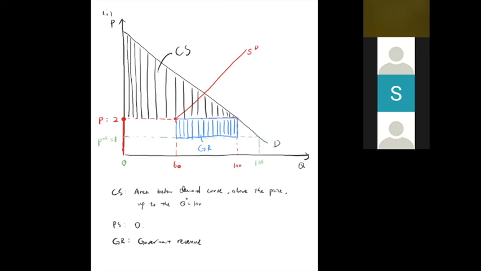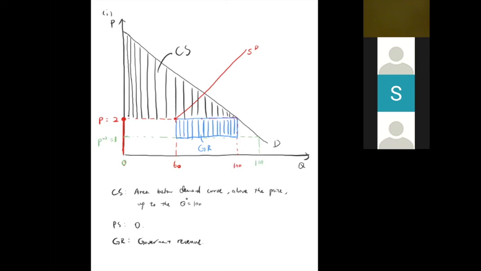Okay, so this is the total surplus after the price change after the tariff is imposed. But before the tariff is imposed, we could see that producers were unwilling to produce, and the domestic consumers will completely rely on importation, and the price is at 1. So the consumer surplus used to be this.